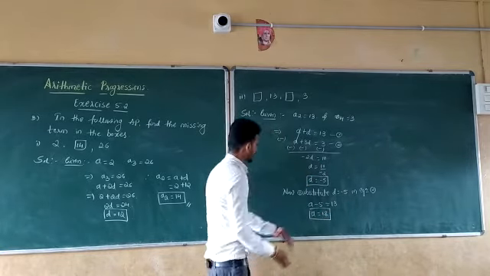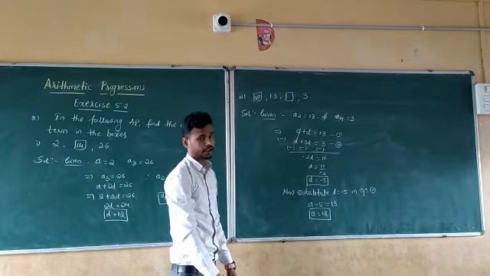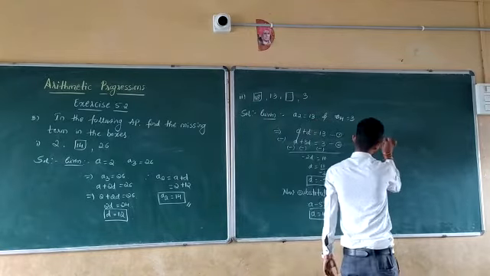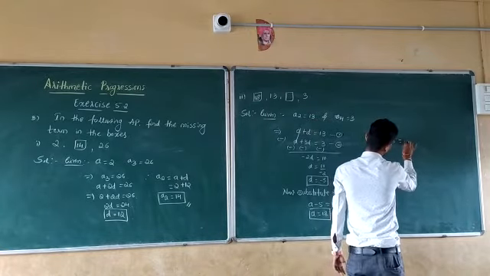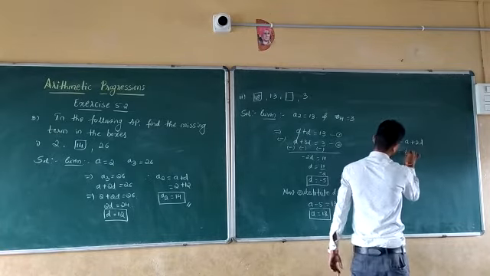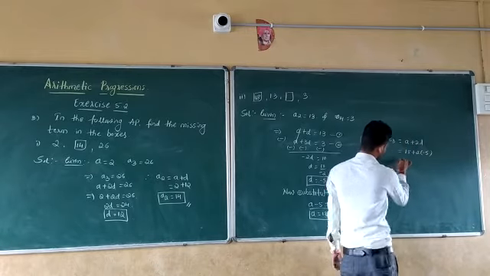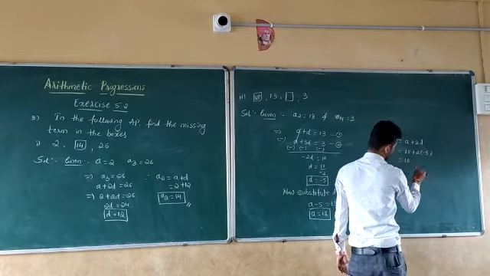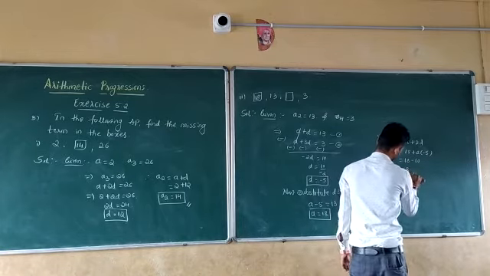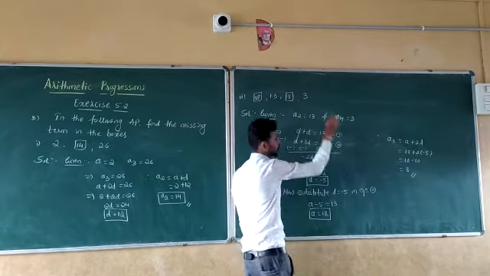So the first term is 18. And what do we need to find again? That is a3. a3 we can write as a plus 2d, which is 18 plus 2 into minus 5, that is minus 10. So 18 minus 10 gives 8. So the third term is 8.